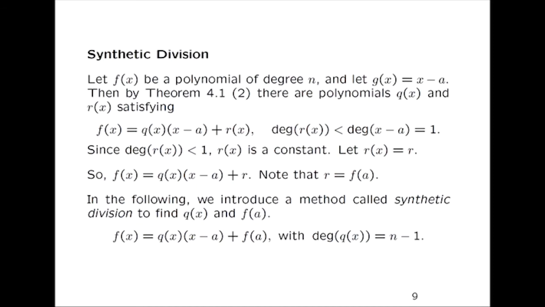Okay, because you can write f of x in this way, and if you plug a into x, then this part disappears, right? Because a minus a becomes 0. No matter what q of x you have, you get r for f of a. So this r part is nothing but f of a.